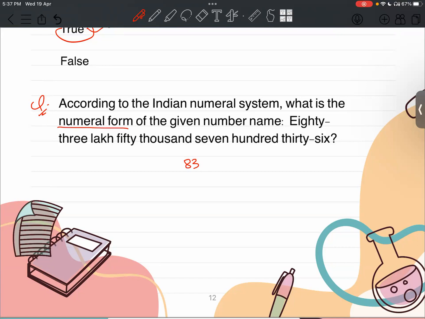So 8 3 comma 5 7 comma 0 3 6. Why? Because in hundreds place they never told anything, so we have to just write that as 0.